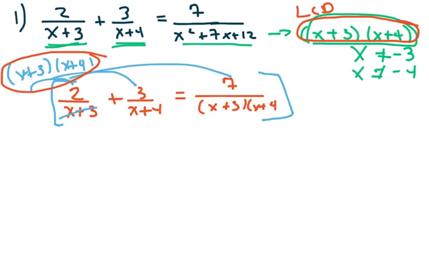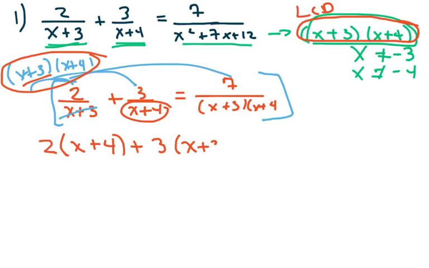It's the x plus 4. So that's what we're going to multiply it by, 2 times x plus 4. In this piece, what's missing? The x plus 3. So it's going to be 3 times x plus 3 equals, and in the last case, when we're distributing here, these two cancel, and we're just left with 7.